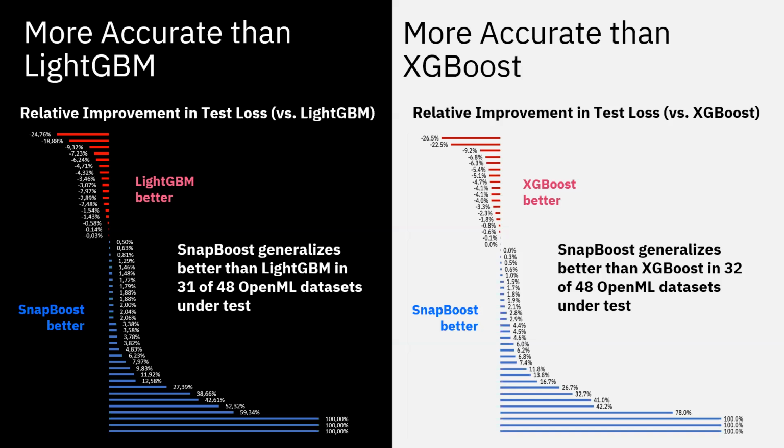So we see that SnapBoost won in 31 out of 48. And in some cases, the improvement was very significant. Similarly, on the right-hand panel, we compare with XGBoost, and there we see a similar conclusion: SnapBoost achieved better test loss in 32 of the 48 datasets under test.